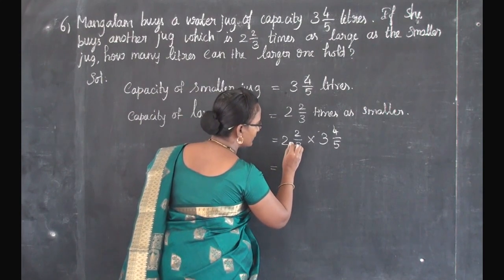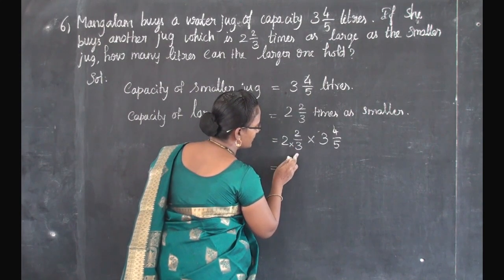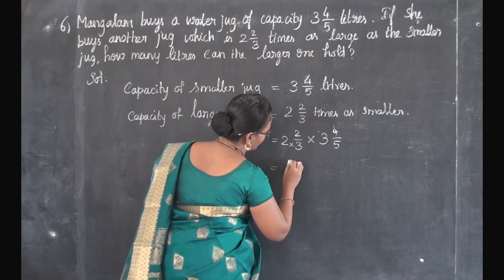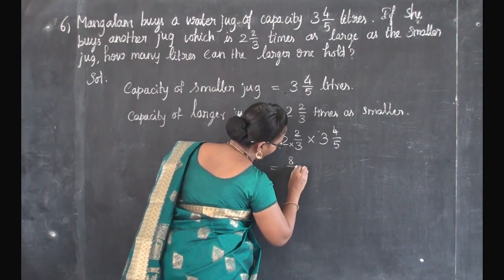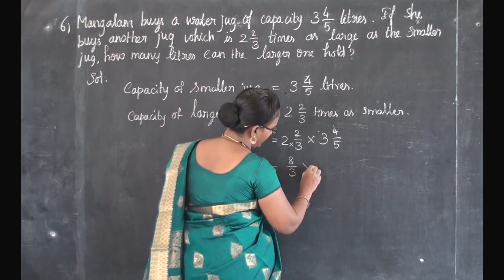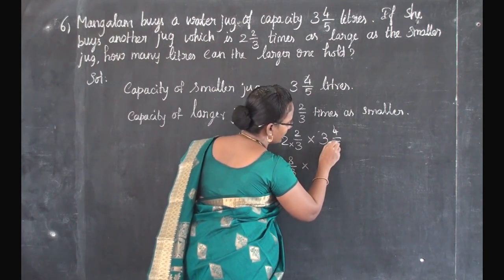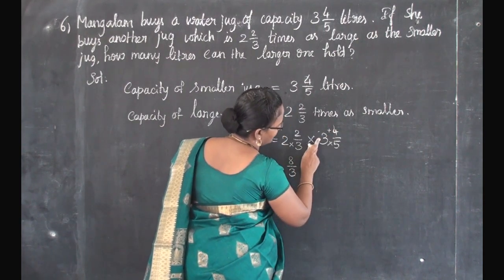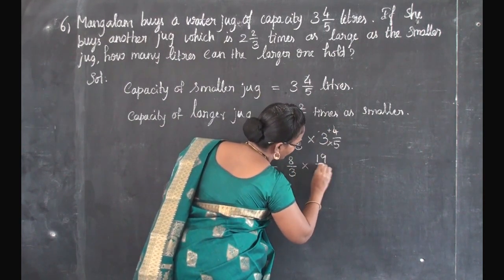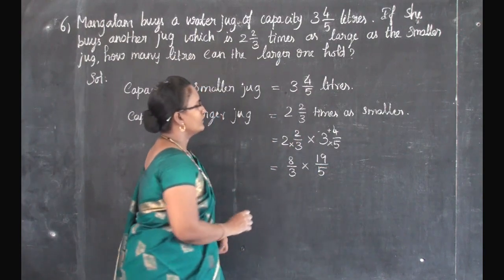What is the procedure? Multiply these two numbers and add 2. So 2 3s are 6 plus 2, 8 by 3 into, here also like that, 3 5s are 15 plus 4, 15 plus 4, 19 by 5.